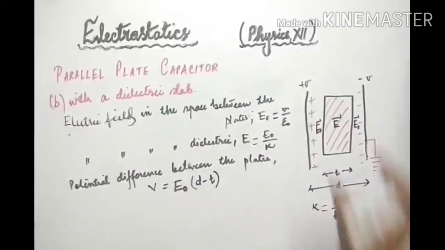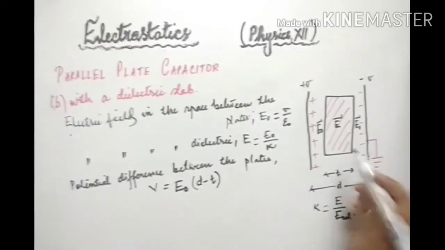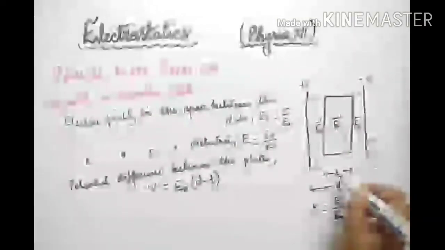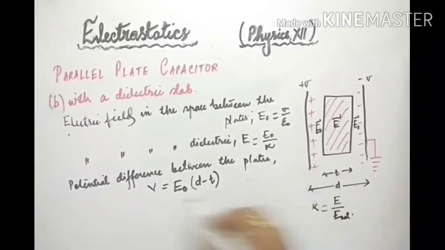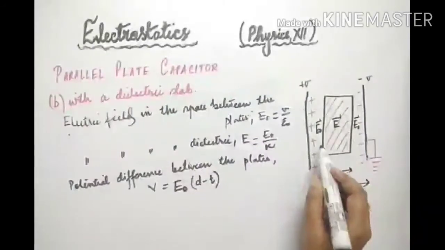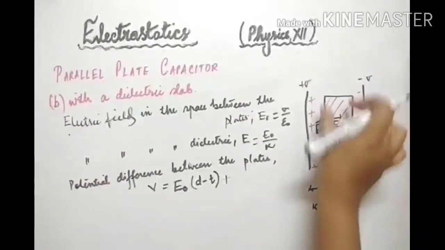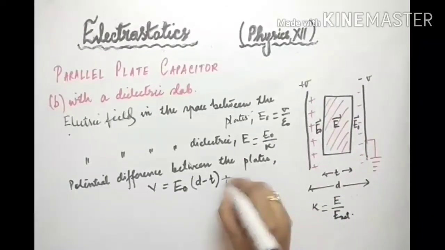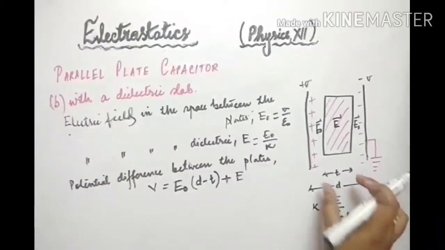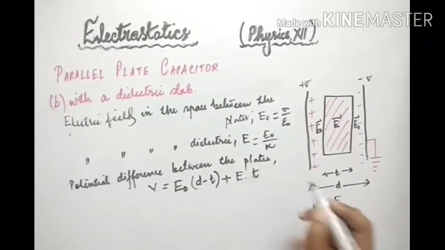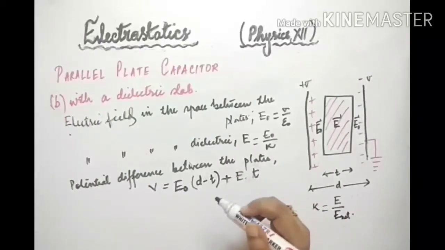So how much space is outside the dielectric? D minus T. You have to multiply that with the electric field in the space outside the dielectric, that is E naught. But you have this much space also, where the electric field is E and the space is T. So we have our potential.